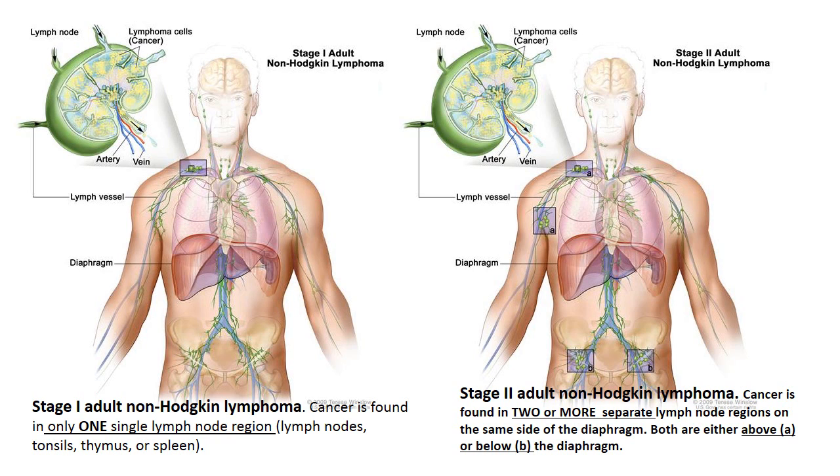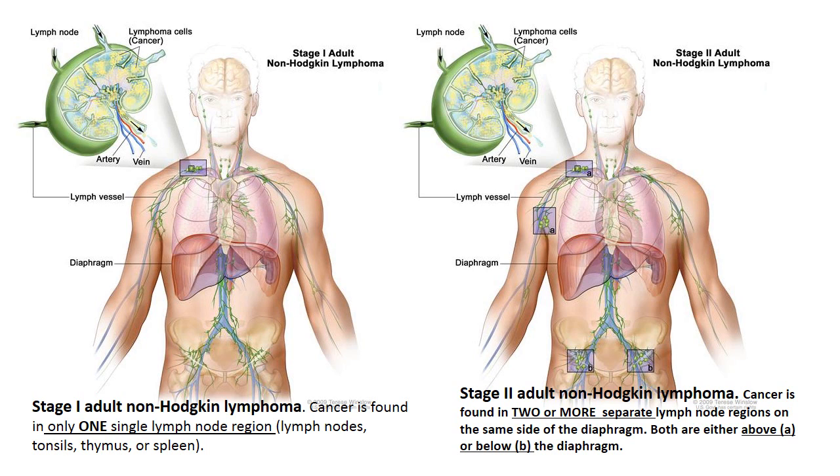Stage 2 non-Hodgkin's is a little bit different, and it actually involves 2 or more separate lymph node regions on the same side of the diaphragm. In this picture we can see the cervical and the axillary are both affected, so you have your cervical region and your axillary region present, and this is above the diaphragm. So that is considered stage 2.